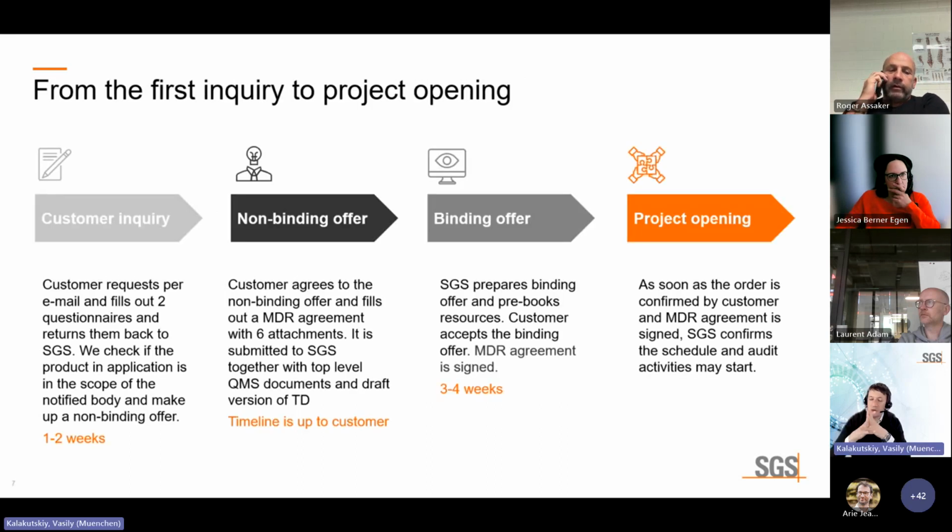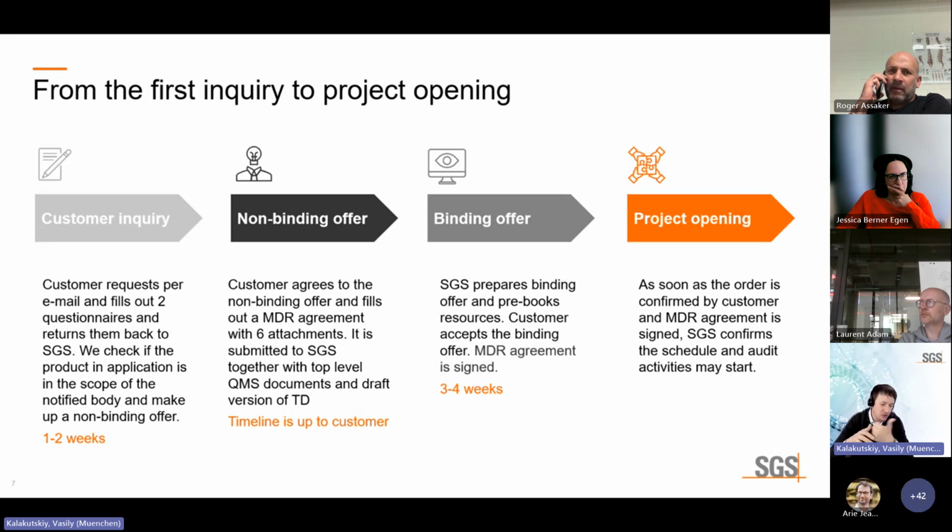Okay, so from the first inquiry to project opening, I'll give you an overview of the timeline and of the steps. The first inquiry is by email or by phone, when we just say hello to each other, and then you can get from us the two questionnaires.